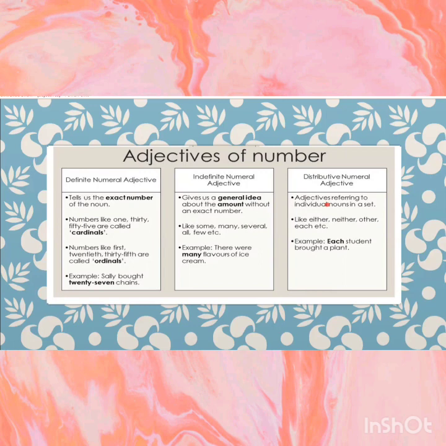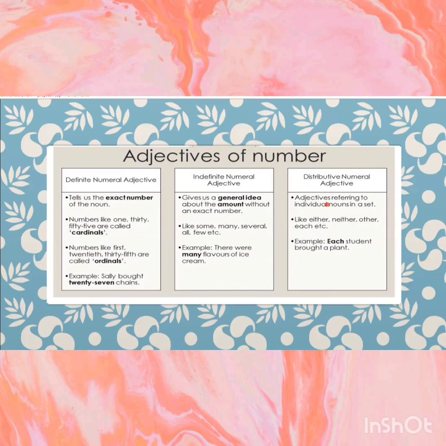Now, the next kind of adjective is the indefinite numeral adjective. It gives us a general idea about the amount without an exact number, like some, many, several, all, few, etc. The example is, there were many flavors of ice cream.